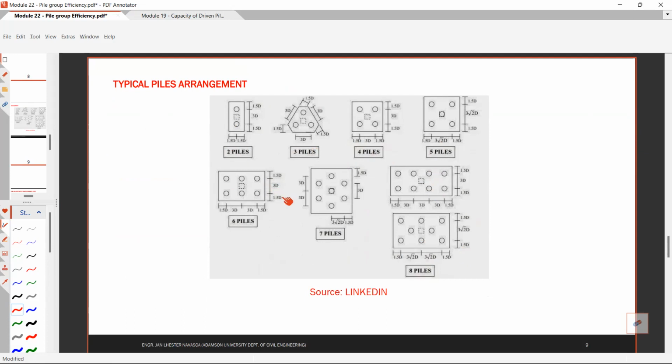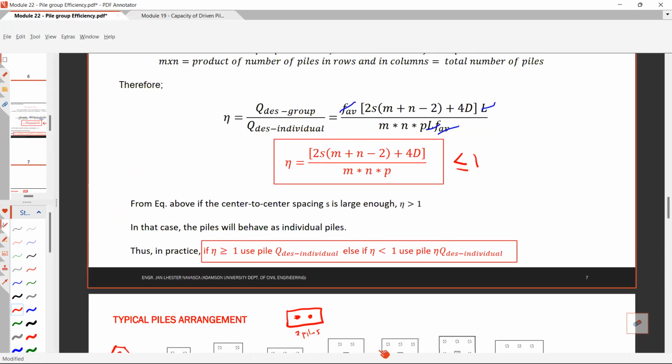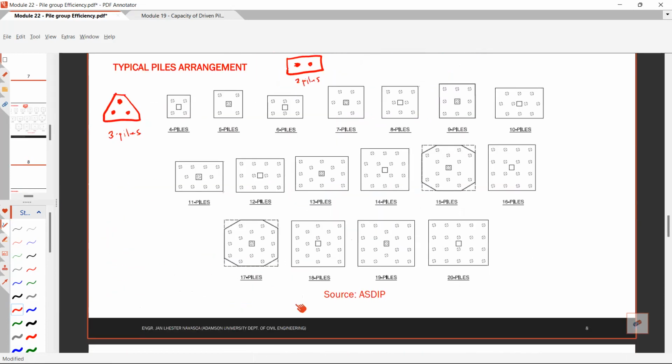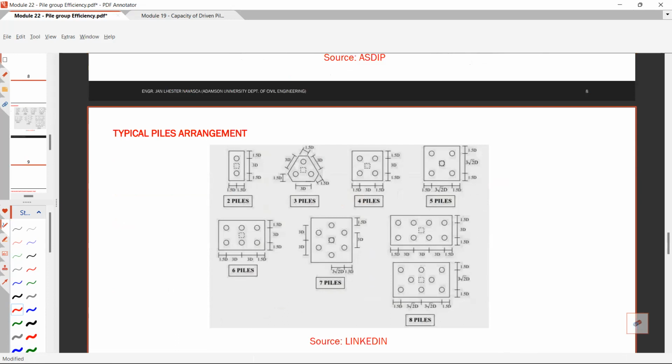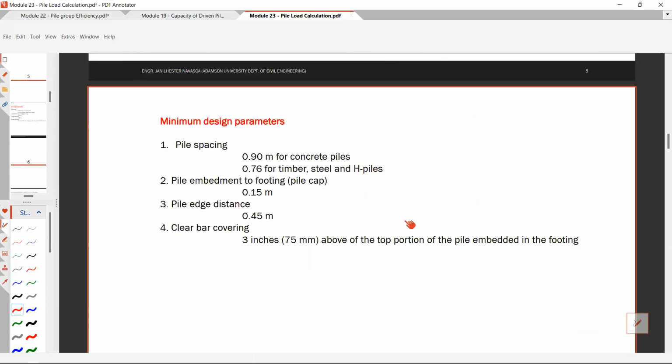So typically 3D yung mga spacing, 3 times the diameter, and yung edge spacing is 1.5D. Yan. Okay. So you can use this one, additional for this one.